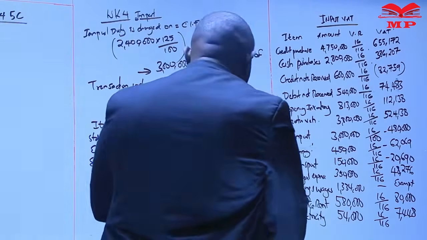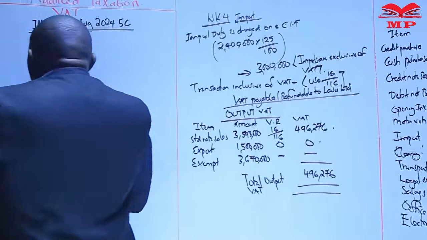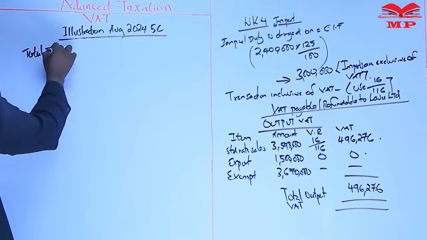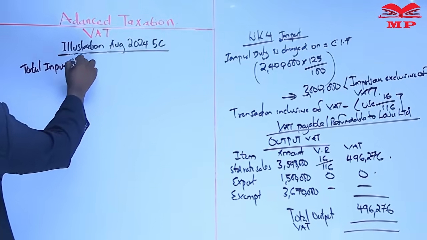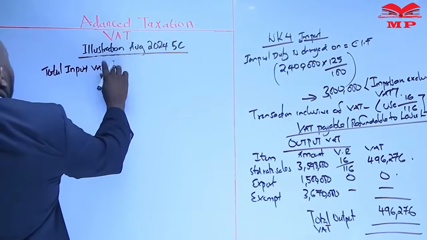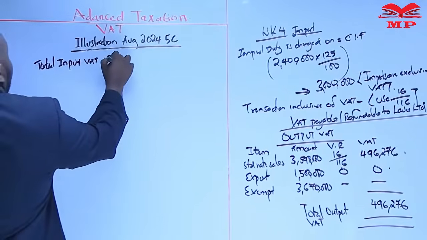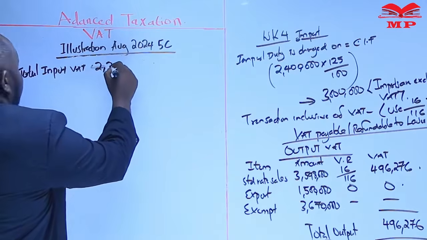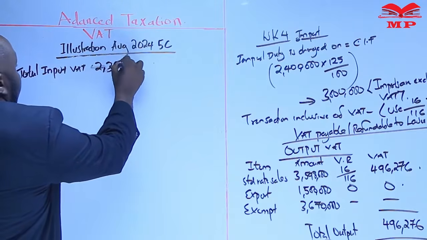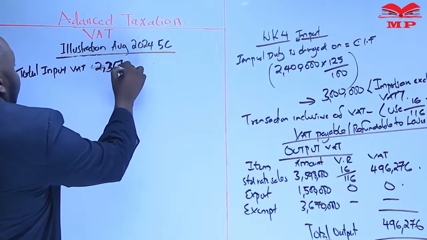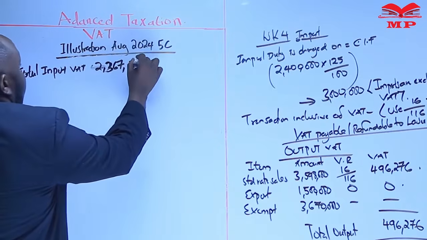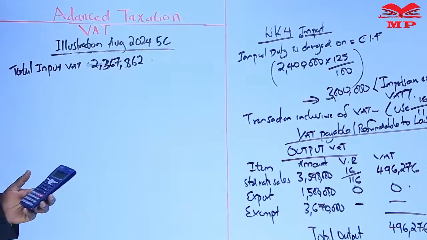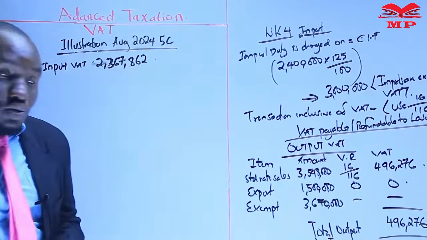When we add that, it provides the total input VAT of 2,367,862.